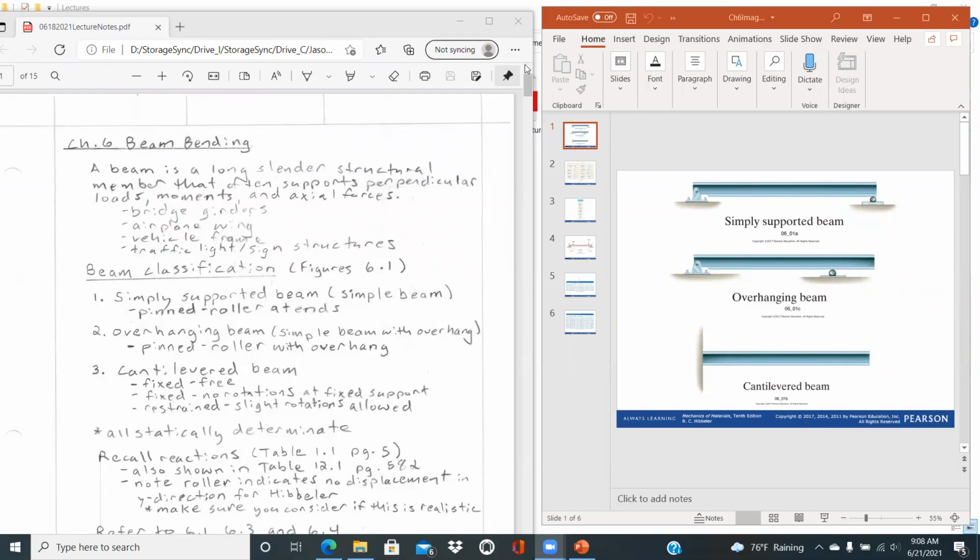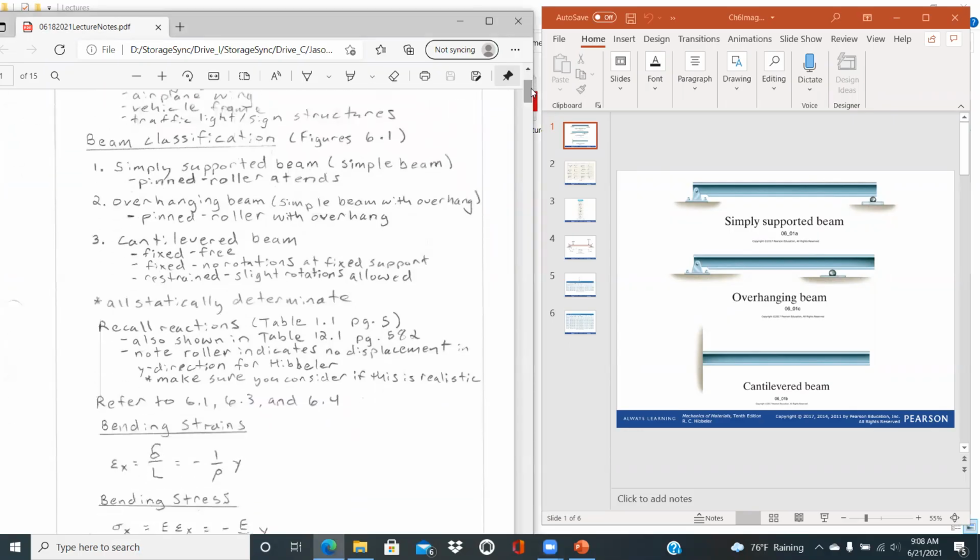I was thinking I probably had some figures to go along with this, if I mentioned that in the lecture notes. We have the figures that go along with the beam classification over here on the right-hand side. Simply supported again is a pinned connection, which can support reaction forces in both the X and the Y direction, whereas a roller support can only support a force in the vertical perpendicular direction.